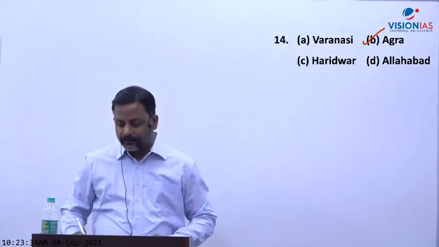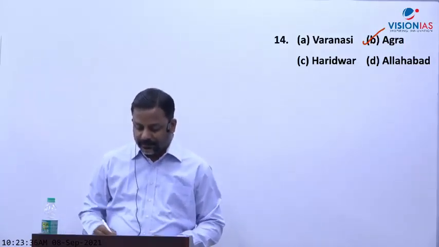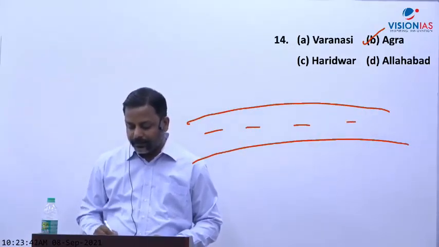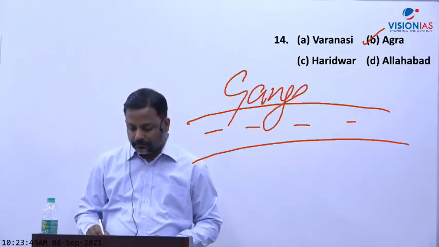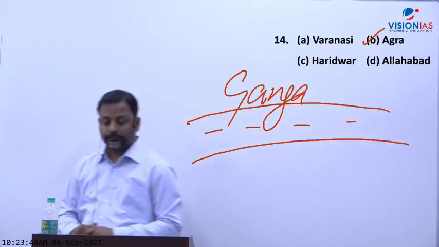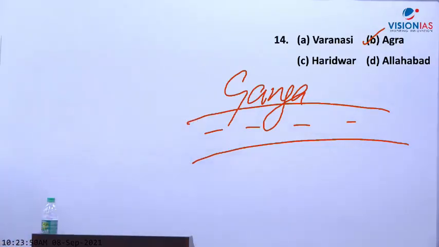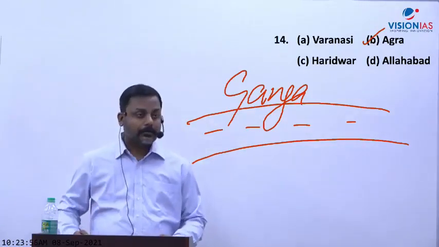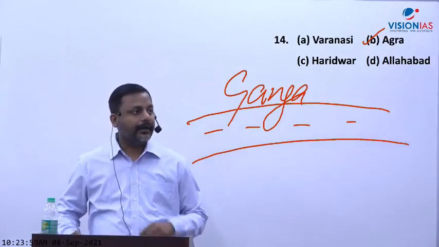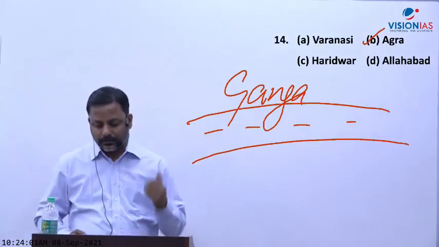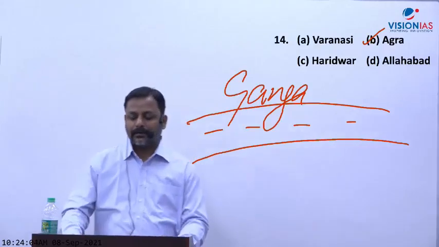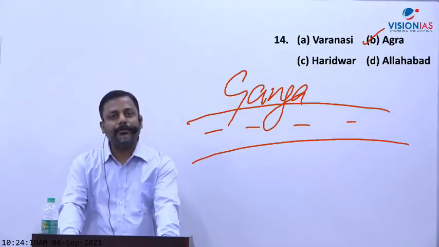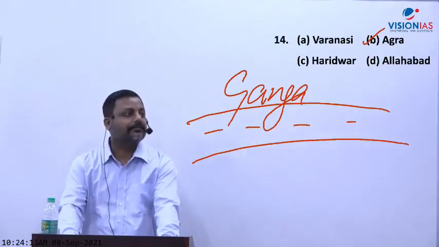The reason is all the rest of the cities are on the bank of the river Ganga. Or you can say along with Ganga. So again, if we try to find some different logic, we can go for Haridwar as well, as rest of the cities are in UP. But the logic mentioned in that particular case was Agra.